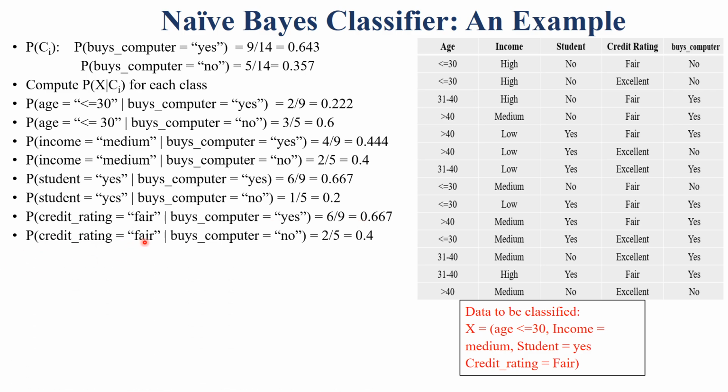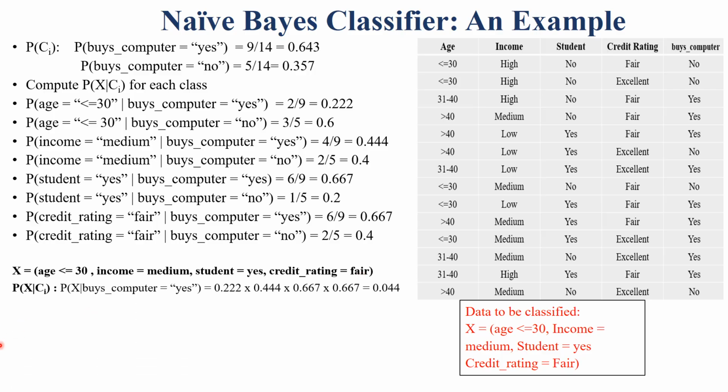Probability of credit rating fair given buys computer equal to no is 2 by 5. So for this data which is to be classified, the probability of x given the class Ci, we need to compute the probability for the two classes.